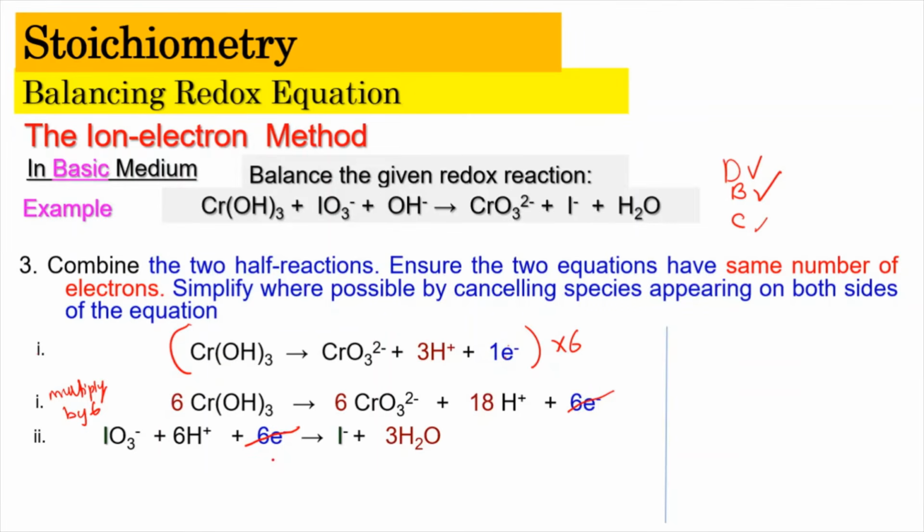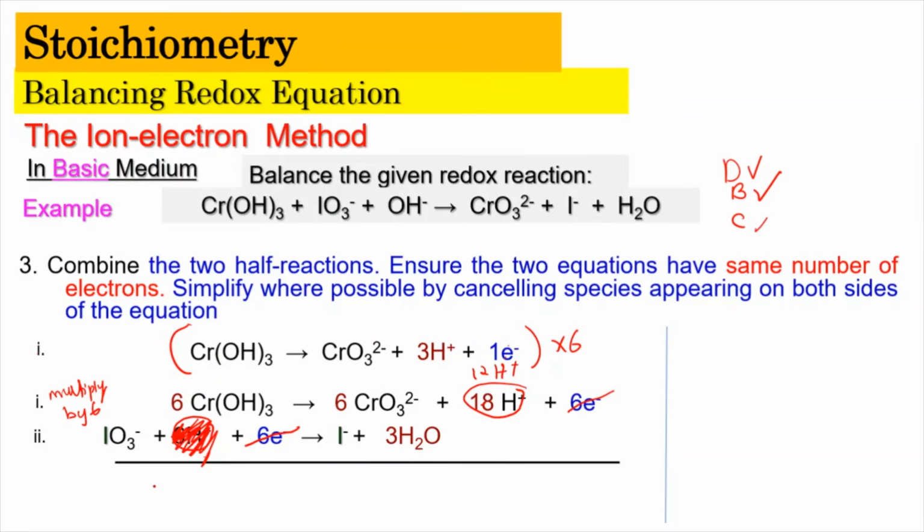Okay, so when you combine them, you can also see that the 18H+ here can cancel out the 6H+. 18 minus 6, you're going to have 12H+ remaining. So in this case, this one will be removed. 18H+ minus 6H+, so 12H+ remain.